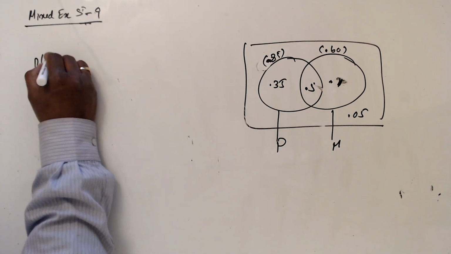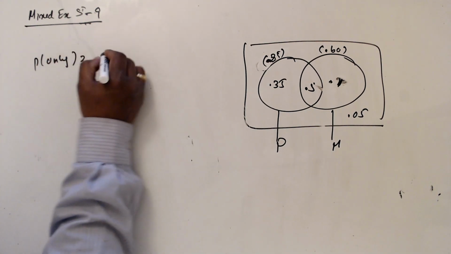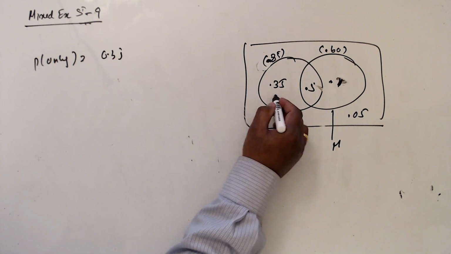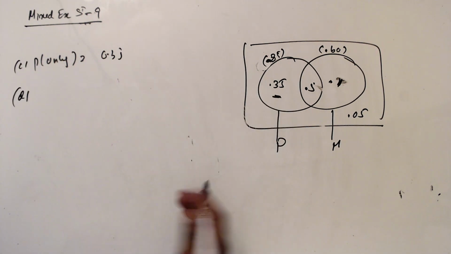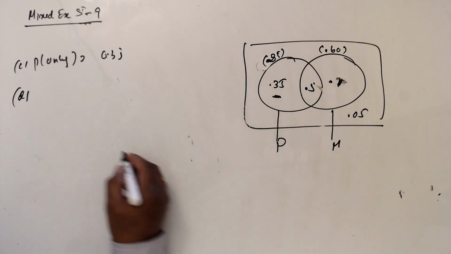So P only is 0.35. Now we want to check whether these events are independent.